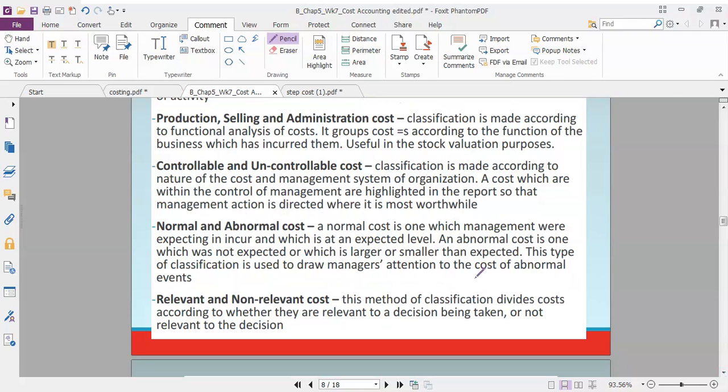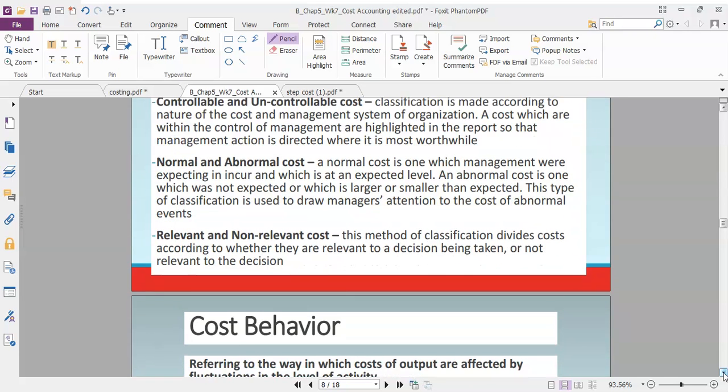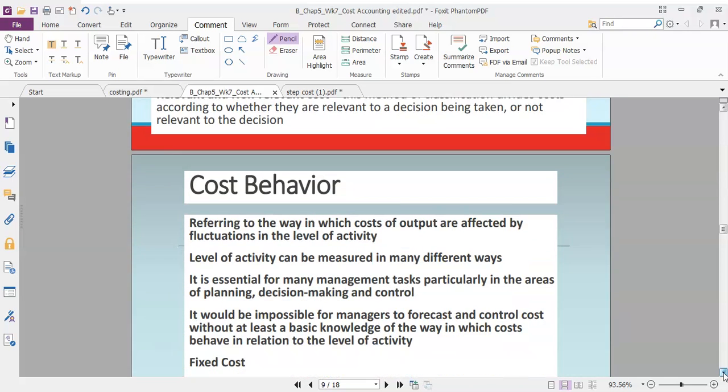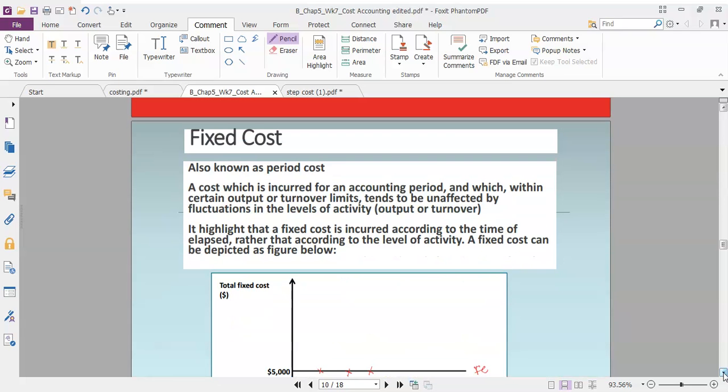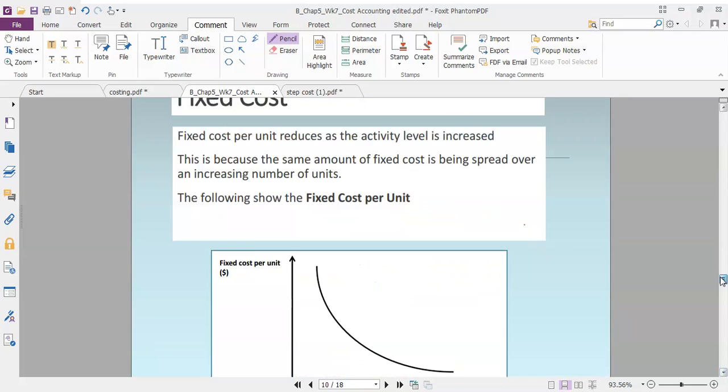Kalau non-relevant yang tak sesuai, dia akan keluarkan daripada costing tersebut. So maksudnya relevant and non-relevant. So, itu sahaja dalam chapter costing yang you kena tahu.